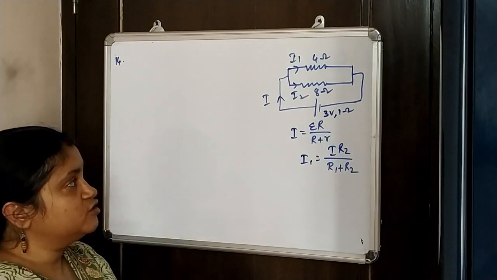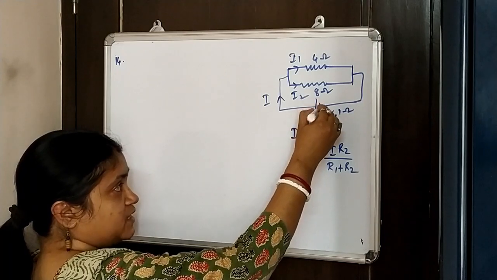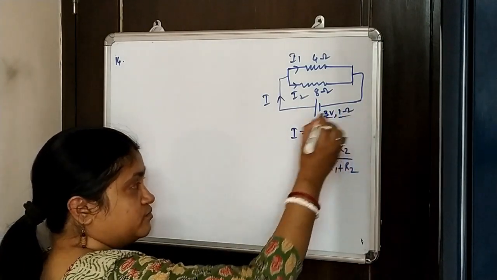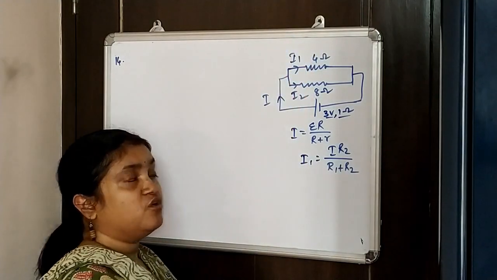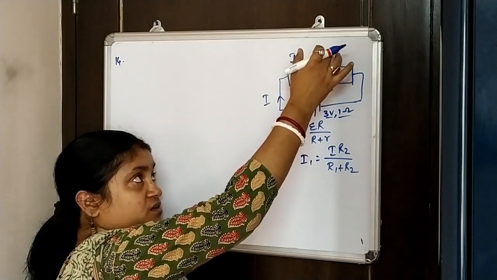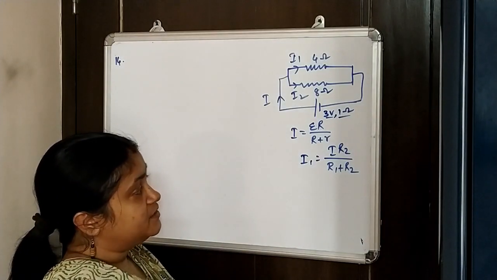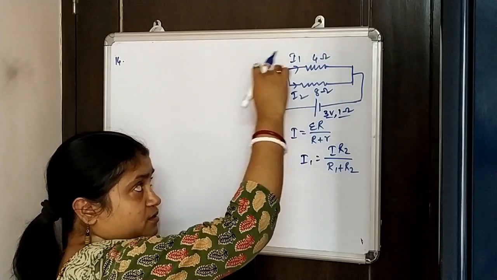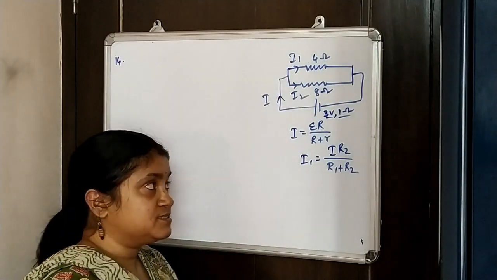Coming to the 14th numerical, you have one cell with EMF 3 volt and 1 ohm internal resistance connected to a parallel combination of two resistances, 4 ohm and 8 ohm, and we need to find the current passing through both the resistances.